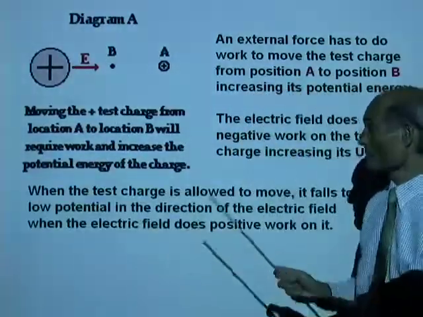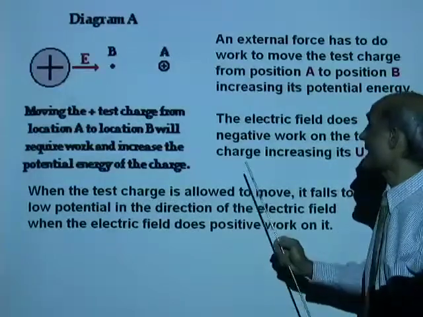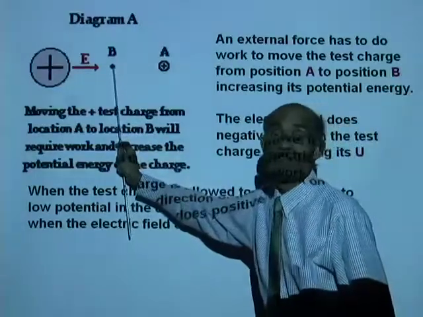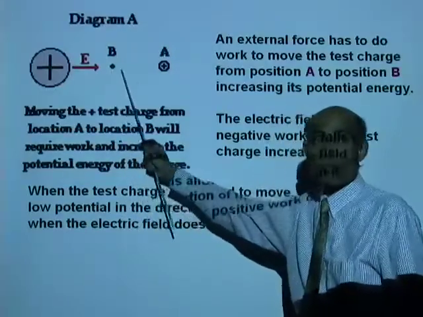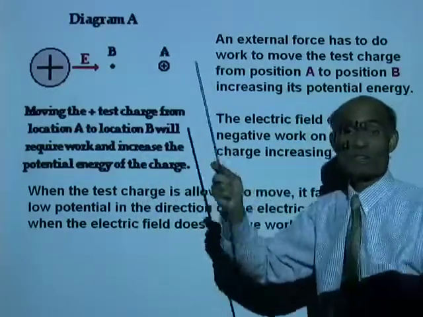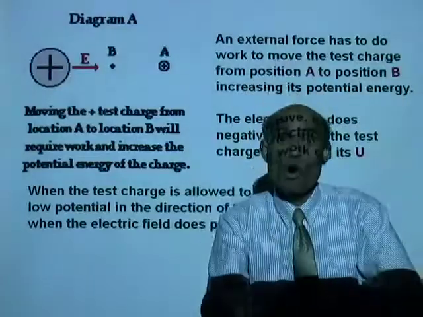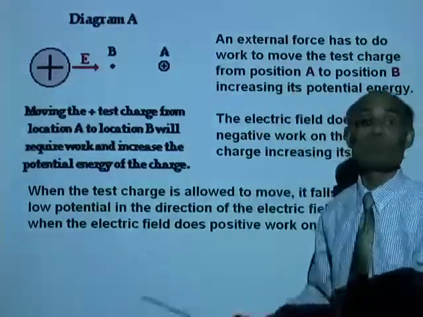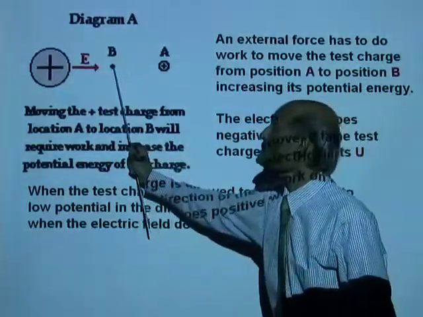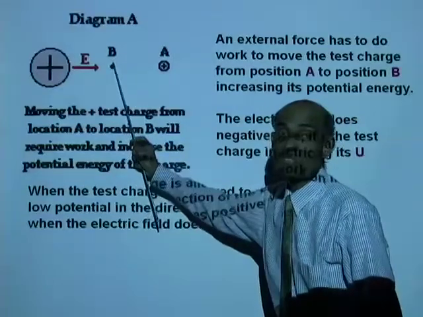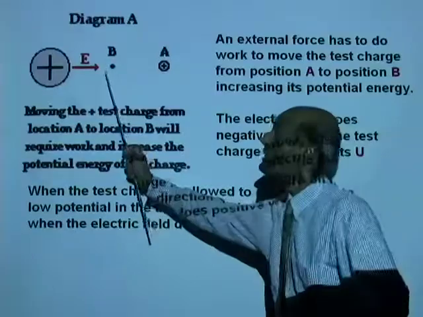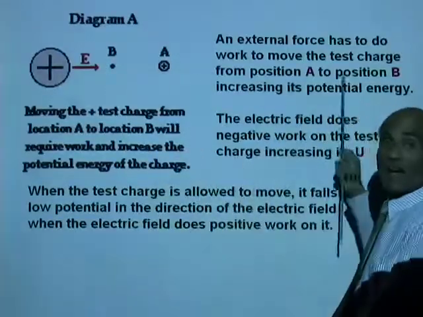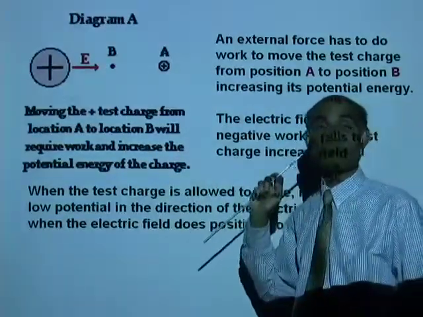When the test charge is allowed to move, if you now leave that test charge, it will fall back to A, just like the basketball falls back to a lower potential. When you allow the test charge, after placing it at B, to move, it will move back to A and it will move away.